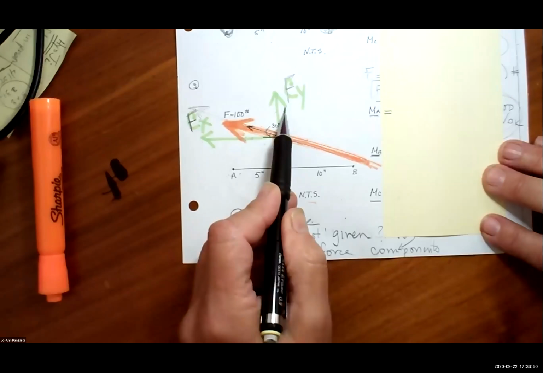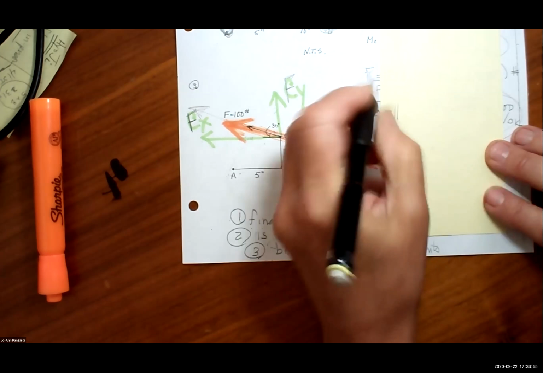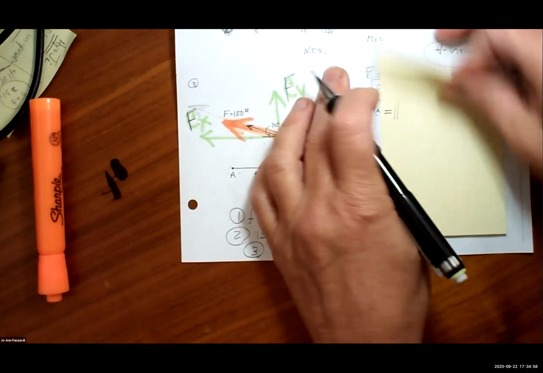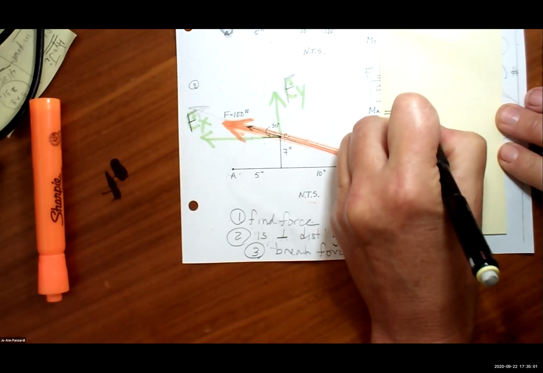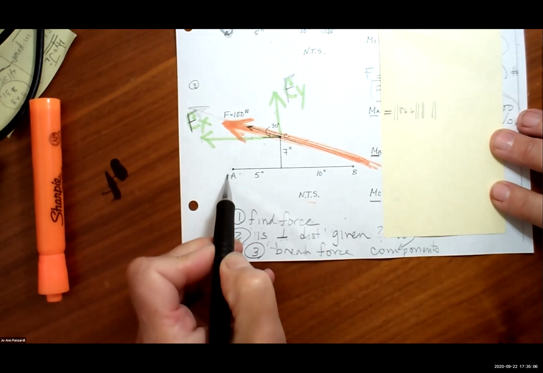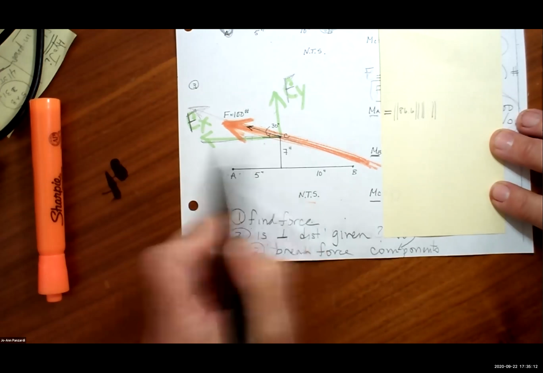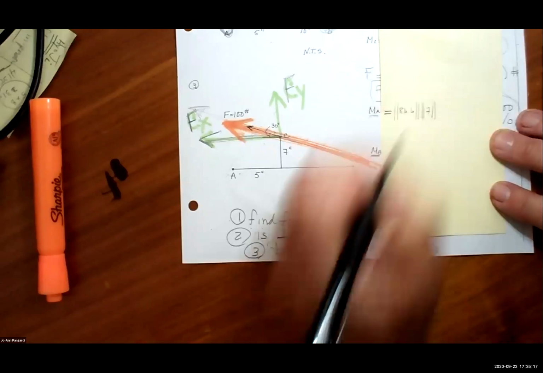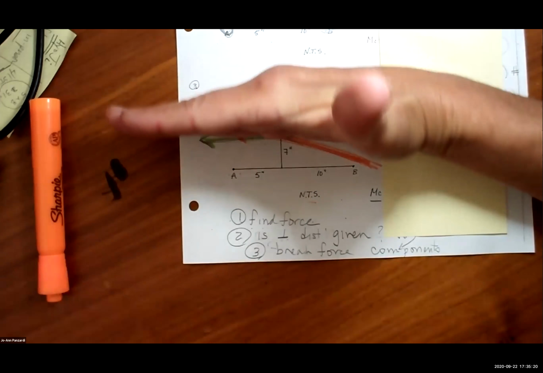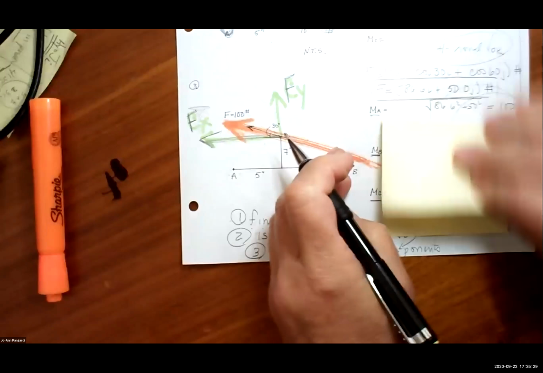I have an X and a Y. So it's going to be equal to the perpendicular, the X value, which is 86.6 times, Cody, what's the perpendicular distance from FX to point A? Here's the force. Would it be 7? Yep. 7. Positive or negative? Fingers go in the direction of force. Palm goes towards where my point is. Positive? Positive, right.